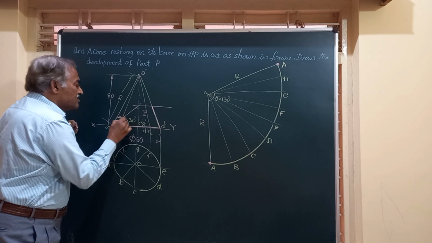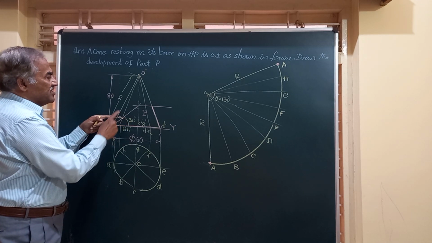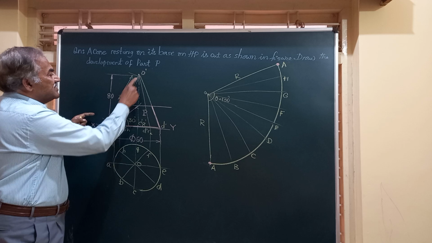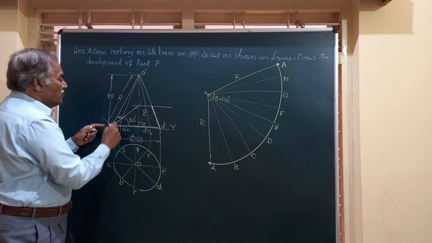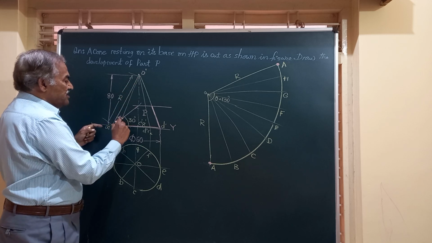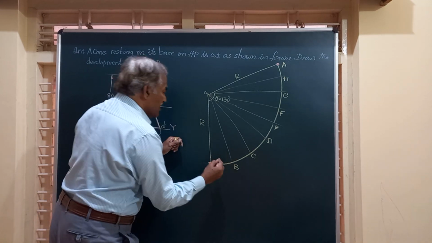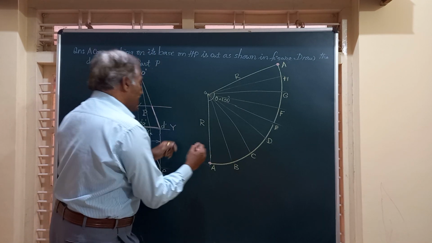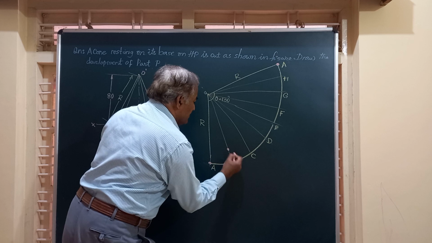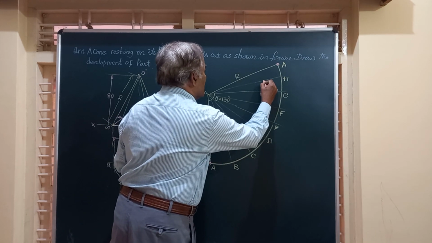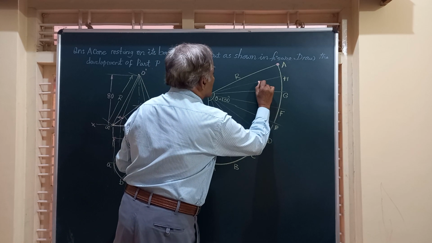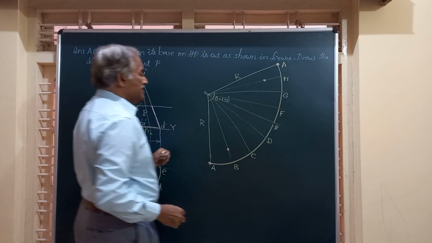Hence I shift that to the left end generator and mark the distance on OA from that point. On OB I mark a point, and again on OH at the same distance I mark another point.